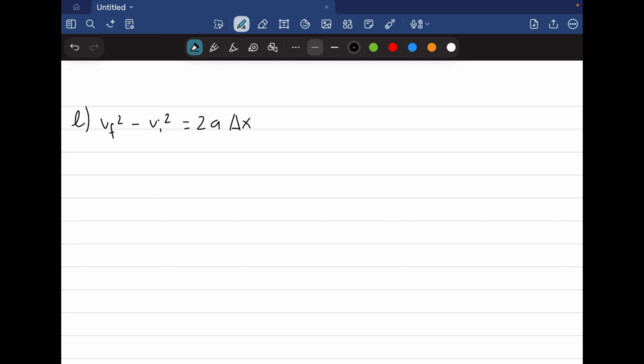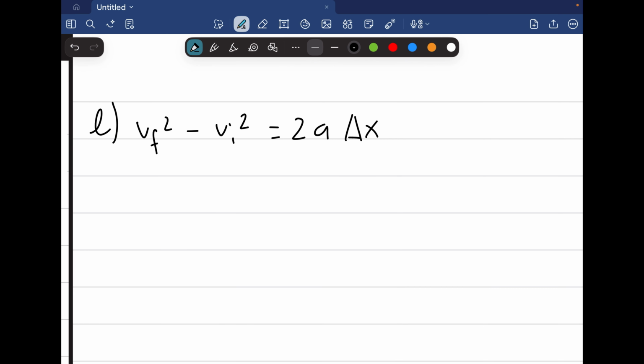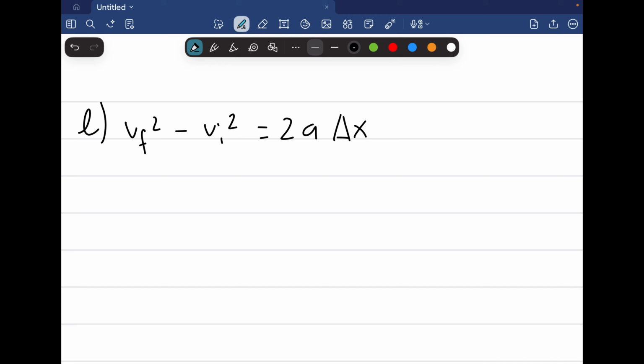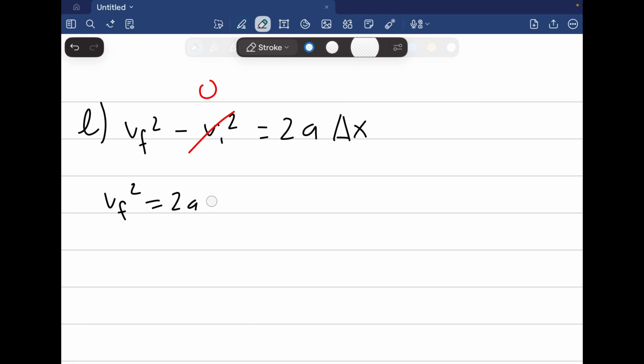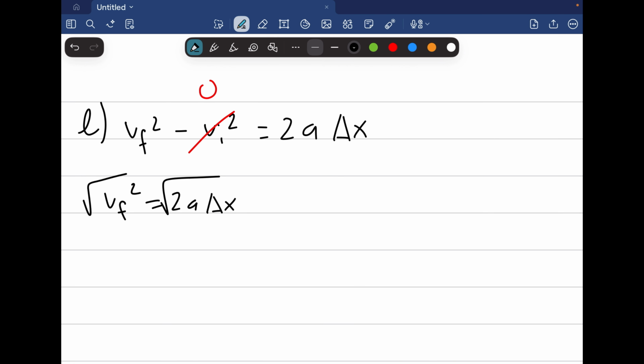Okay. So we know the system starts from rest. So Vi is 0. So this thing is 0. So Vf squared is equal to 2a delta x. Square root both sides. So Vf is equal to square root of 2a delta x, right?